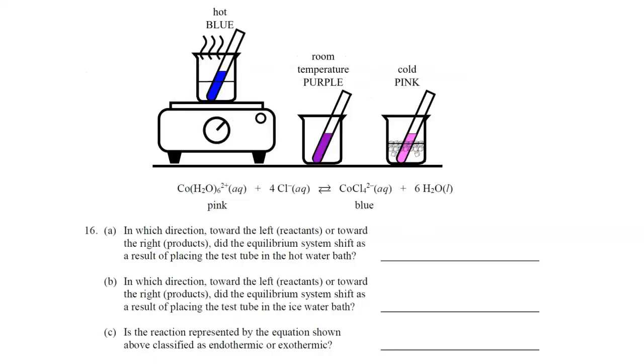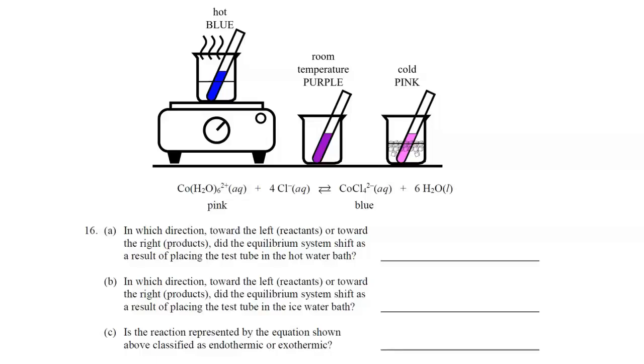This is question 16, summarizing the temperature change for this cobalt equilibrium system. Part A, in which direction, toward the left, reactants, or toward the right, products, did the equilibrium system shift as a result of placing the test tube in the hot water bath?